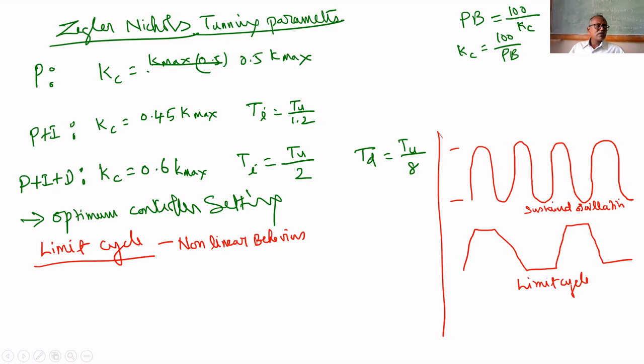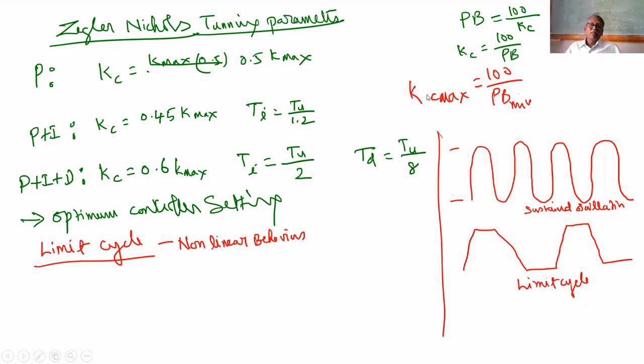We should not increase Kc beyond Kmax. In the lab also, you should not decrease the PB beyond PB min, where Kc max means 100 by PB min. If you decrease further, it will be in limit cycle.